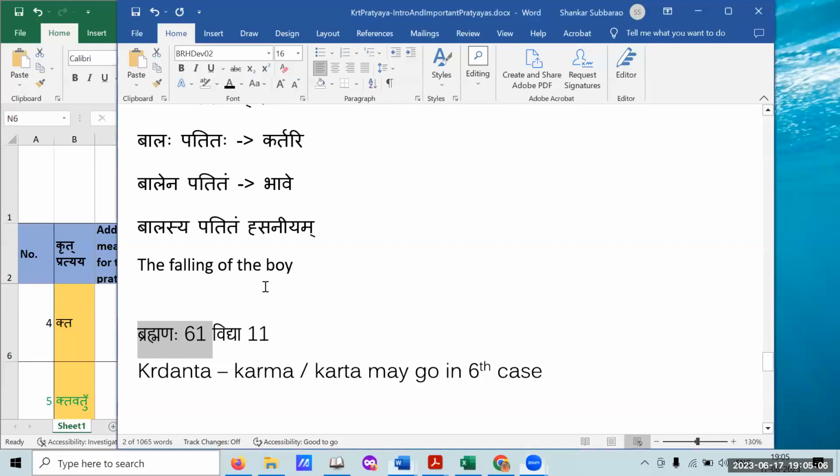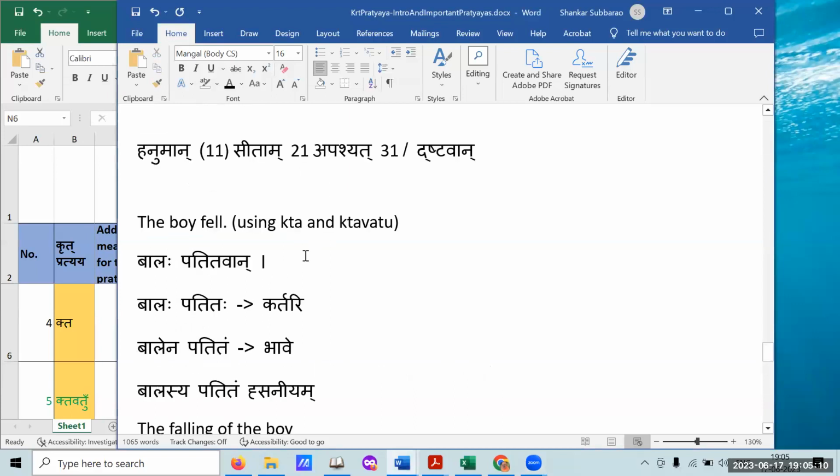So now the alternative given was, we'll write that just so we don't miss that as well. Now, what is the possibility? We say Balaha Patitaha, Balena Patitam. See, this last sentence has a different meaning.